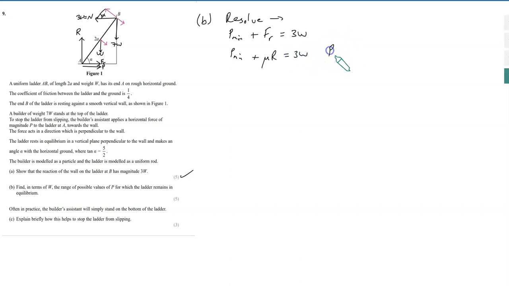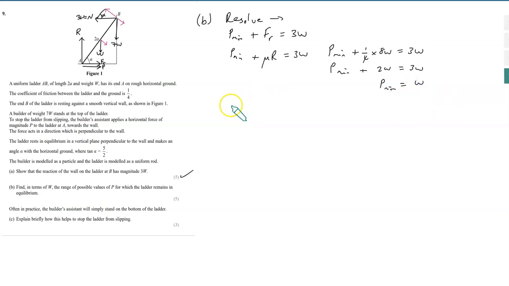So P min plus a quarter times 8W equals 3W. So that's 2W, that's 3W. So that should just give us P min plus 2W equals 3W. That means that the minimum force of P is going to be W.